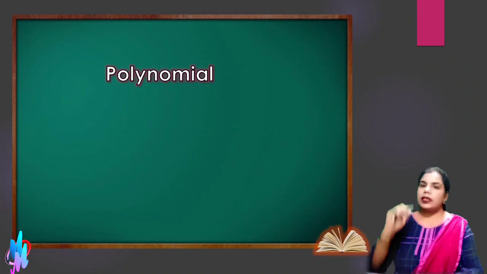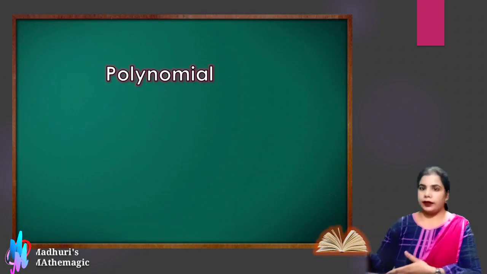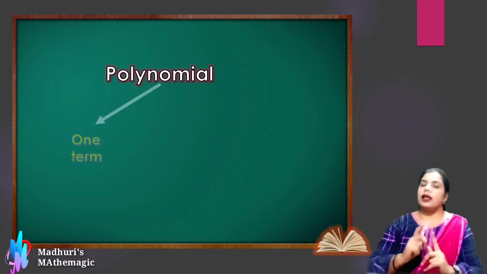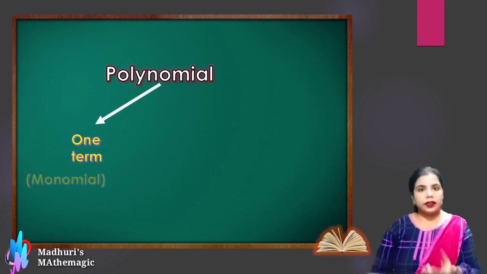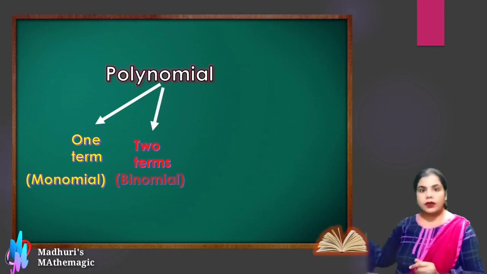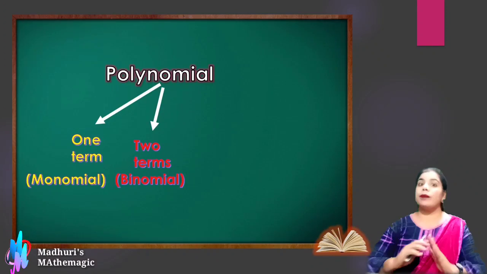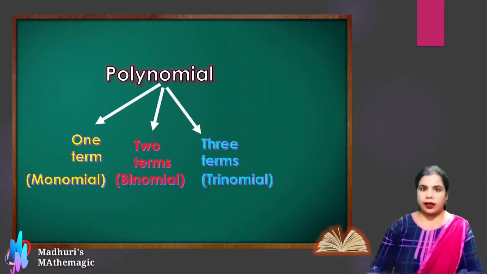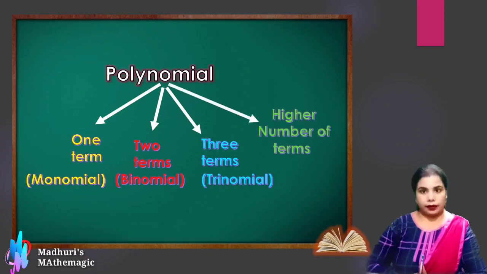Now these polynomials are again divided, depending on the number of terms. If one term is there, then it is known as monomial. If two terms are there, then it is known as binomial. Bi means two. And if three terms are there, then it is known as trinomial.